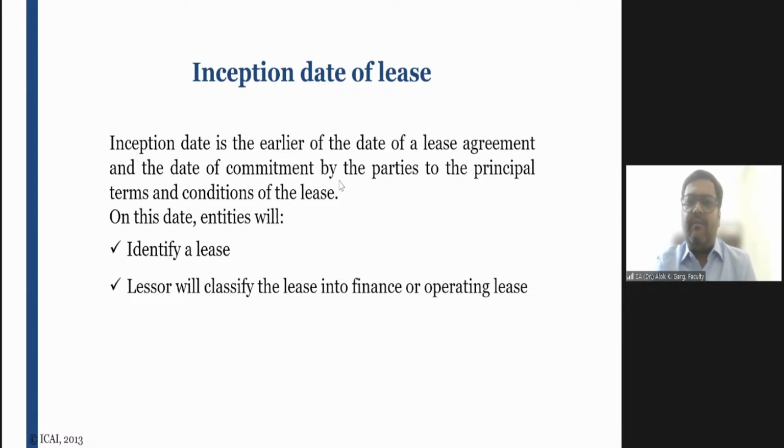Friends, I'll make you understand with the help of one example, this inception of the contract and commencement of the lease contract. So, for example, Hemant is from Mumbai.